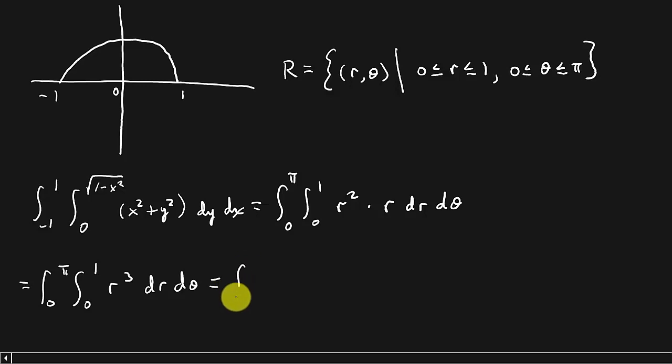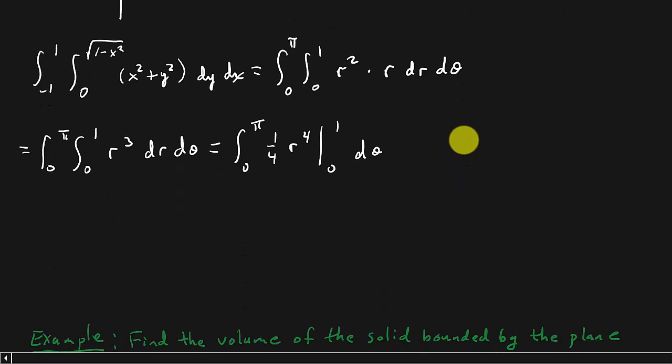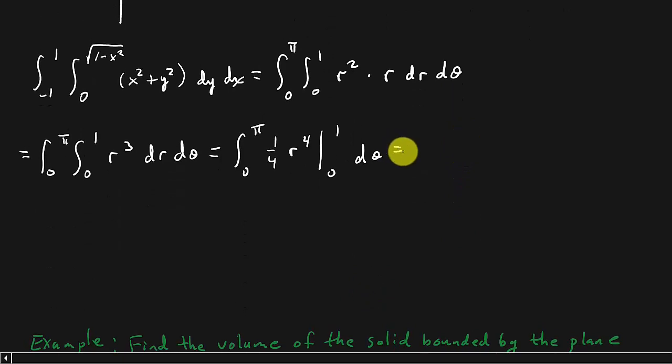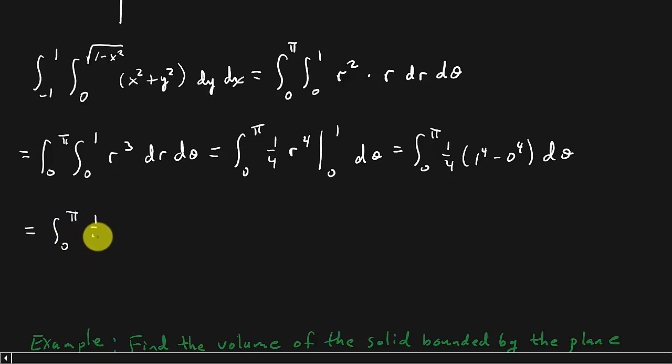And then we integrate this one. This one's actually pretty easy. So that's going to be 1/4 r to the 4th from 0 to 1 d theta. And so this is going to be the integral from 0 to pi of 1/4 times 1 to the 4th minus 0 to the 4th d theta, which is the integral from 0 to pi of 1/4 d theta.